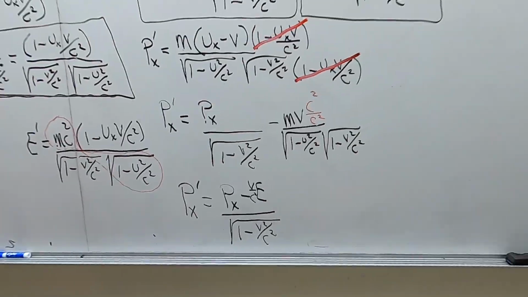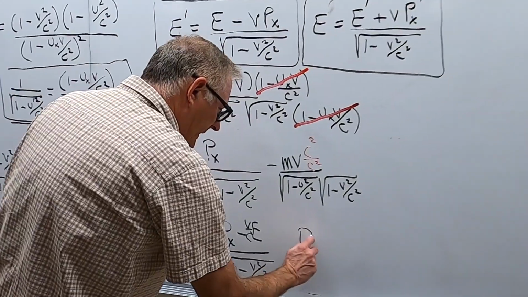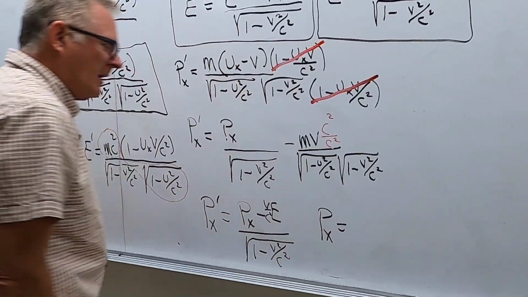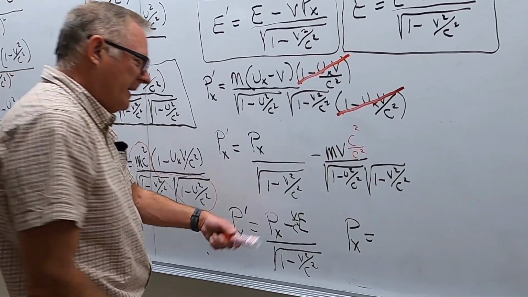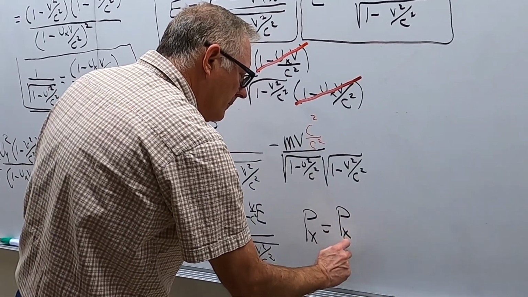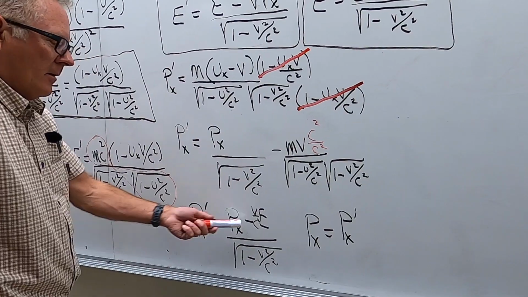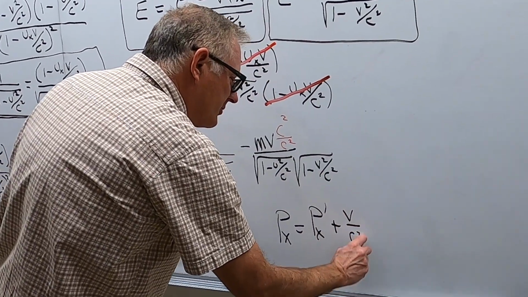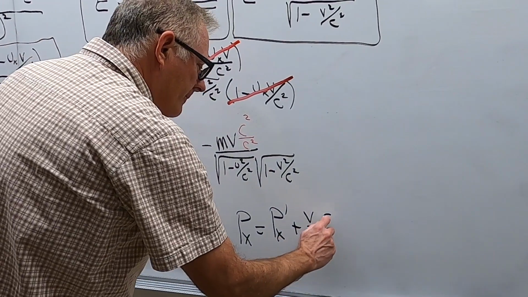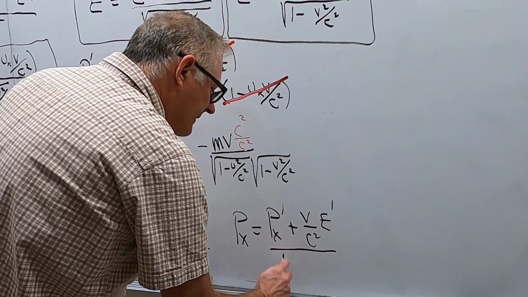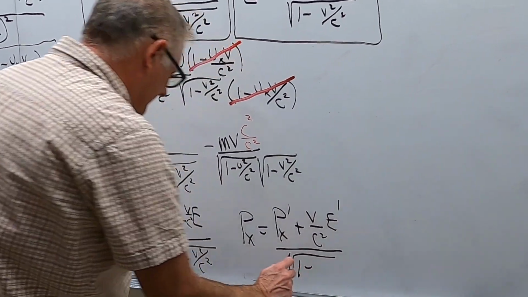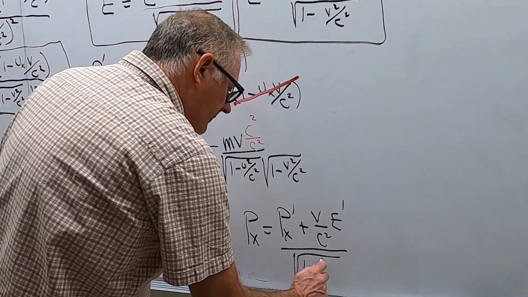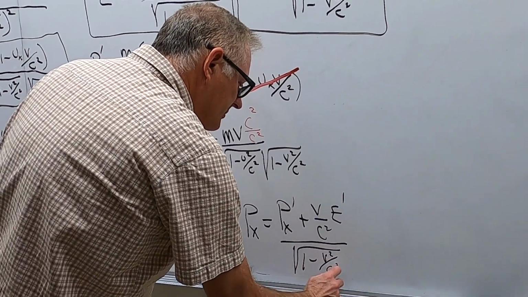And if we went back the other way, we would have px is equal to px prime plus v over c squared E prime divided by the square root of 1 minus v squared over c squared.